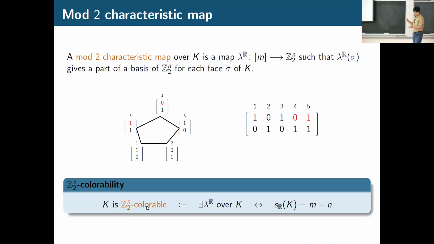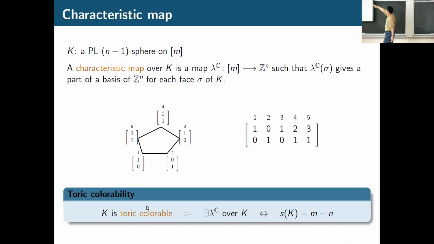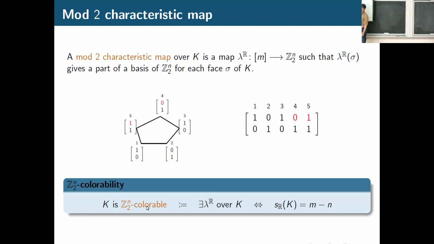You can easily see that if you have a characteristic map like this, then taking the mod 2 reduction gives a mod 2 characteristic map. So that means toric colorability implies Z_2^n colorability. All right, so this is why the Buchstaber number is less than or equal to the real Buchstaber number as well.